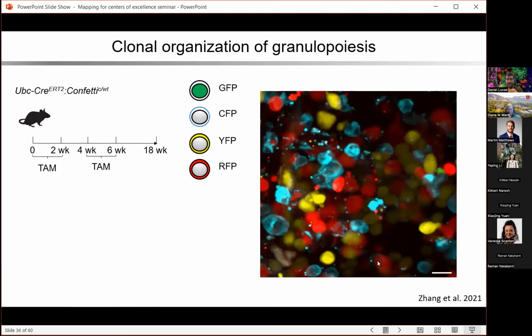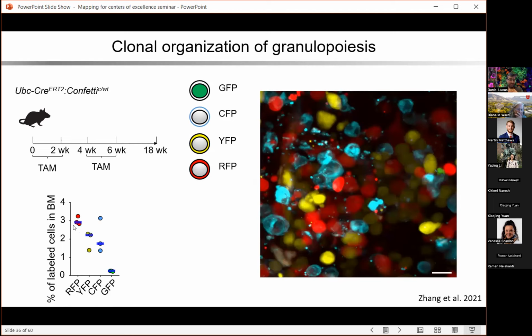And this is how the marrow looks when you do that. This recombines in approximately 7% of the bone marrow cells. 3% are RFP, about 2% are YFP and CFP, and then GFP, and this is a known problem of this model, recombines at a much lower frequency.